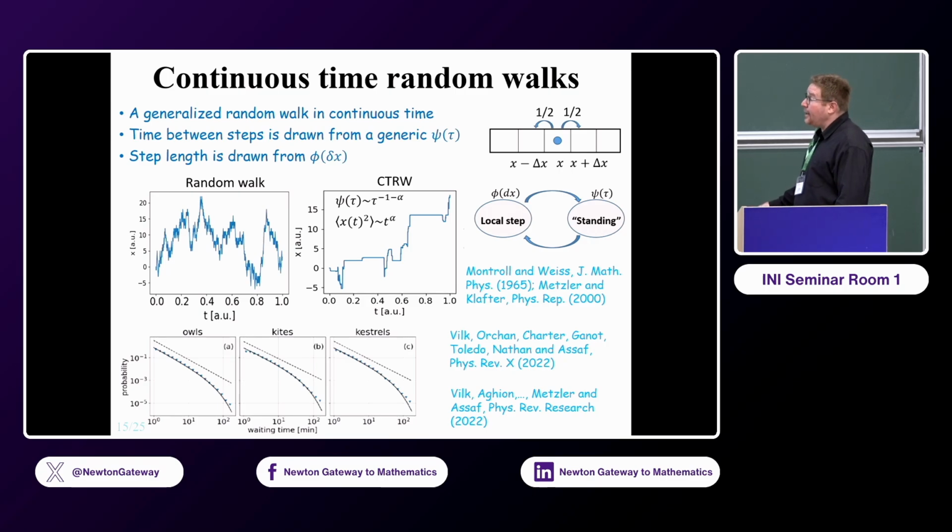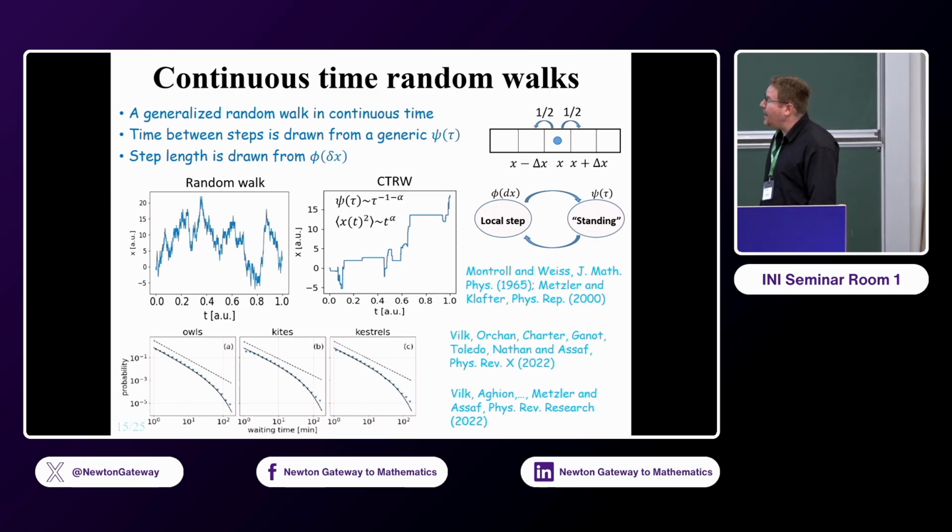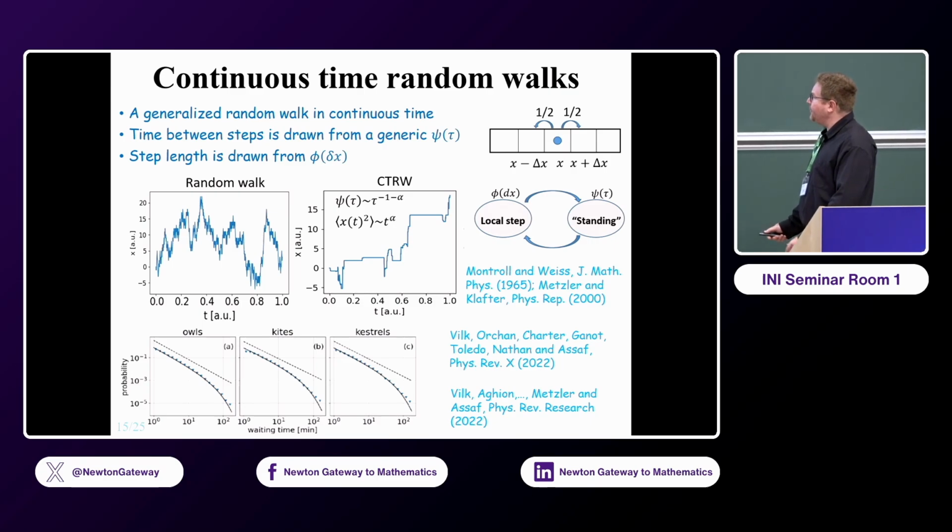And remarkably, you observe these waiting times when you look at searches of these various species, owls, kites, and kestrels. And I will show you that the underlying dynamical model for these is a continuous time random walk. We will see various pieces of evidence for that.